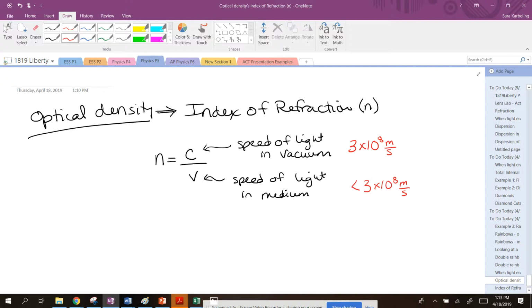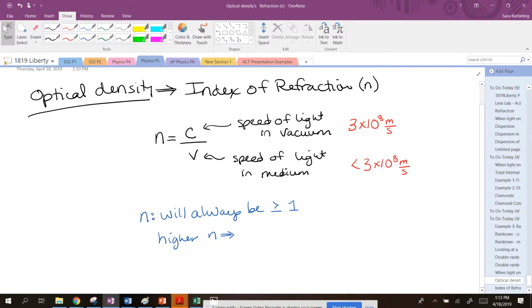Greater than 1. Yes. The index of refraction will always be, we'll say greater than or equal to 1, because if it's in a vacuum, then it would just be 1. The higher the N value, or the higher the index of refraction, what does that tell us about the speed of light in that medium?